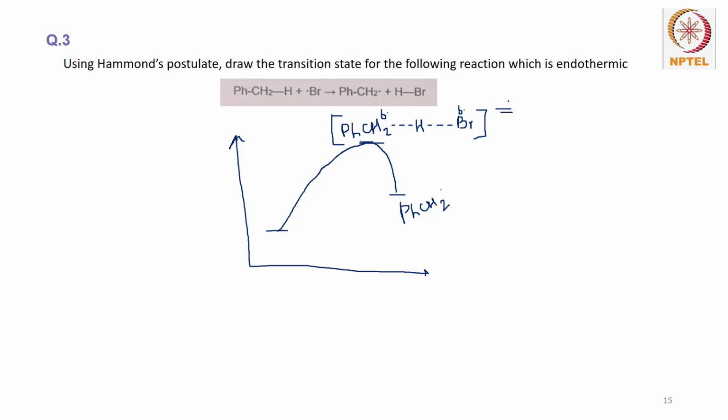So this will be our transition state, and it will have more product character because this is an endothermic reaction. Okay.